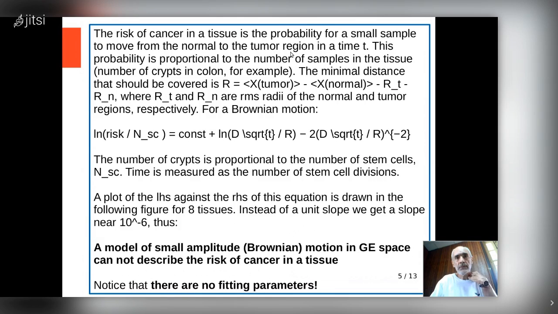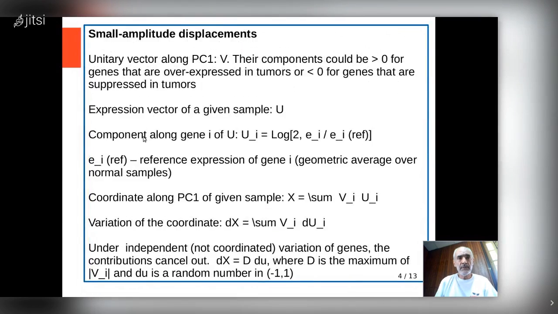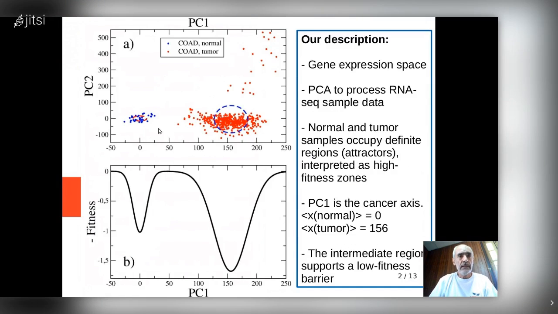Then we can use the usual Brownian theory to write an expression for the risk. The risk is proportional to the number of scripts in the column, of course, or the number of microstates in the column.